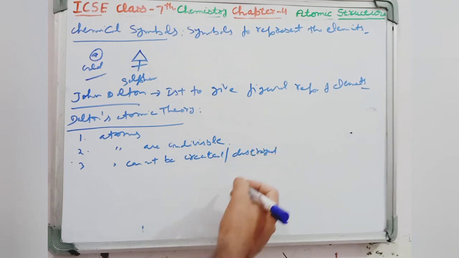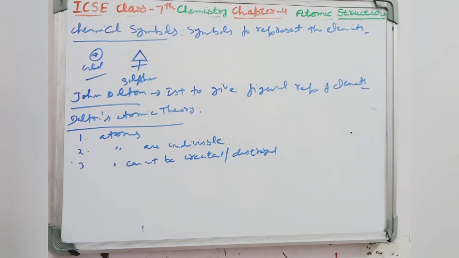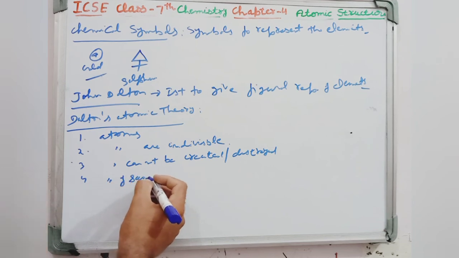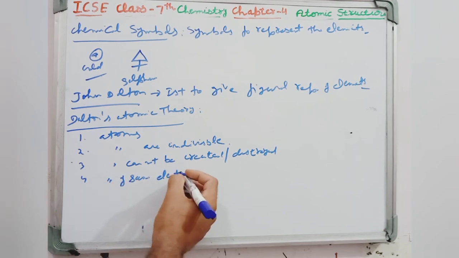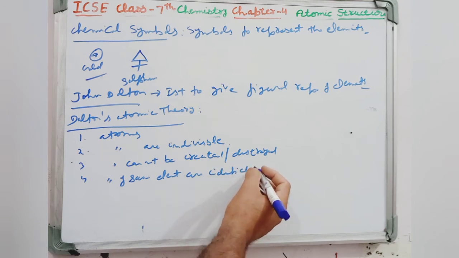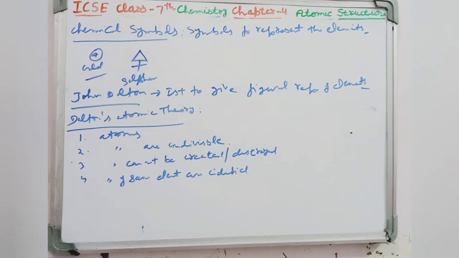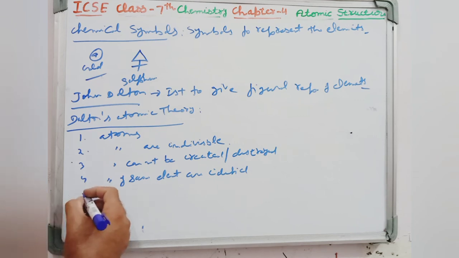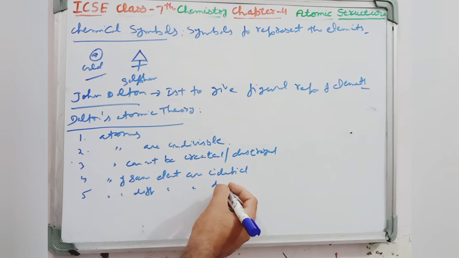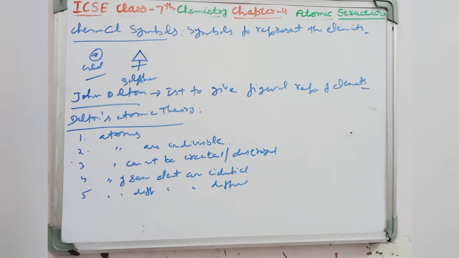No one can create them, no one can destroy them. Atoms of the same element are identical in mass and other properties, and atoms of different elements are different in mass and properties.